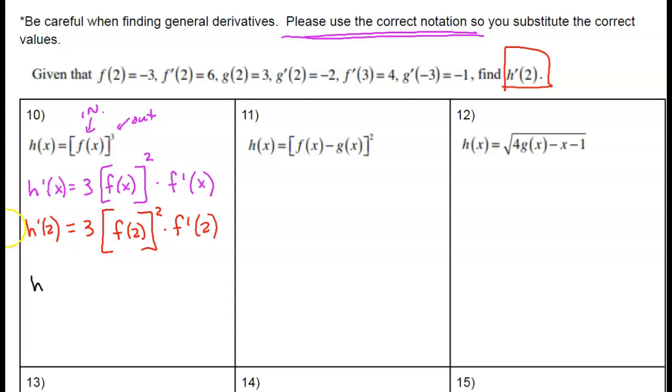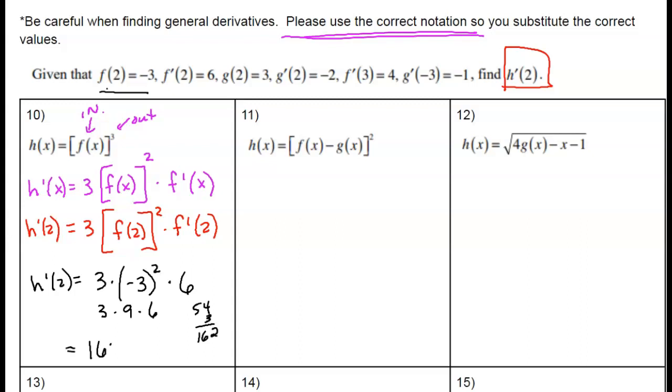So when I go to substitute, we keep the 3. f of 2 is negative 3, and f prime of 2 is 6. So what do we get? We're going to multiply 3 times 9 times 6. I don't know, 54 times 3. Use a calculator, 162. And there we go. All right, let's try the next one.